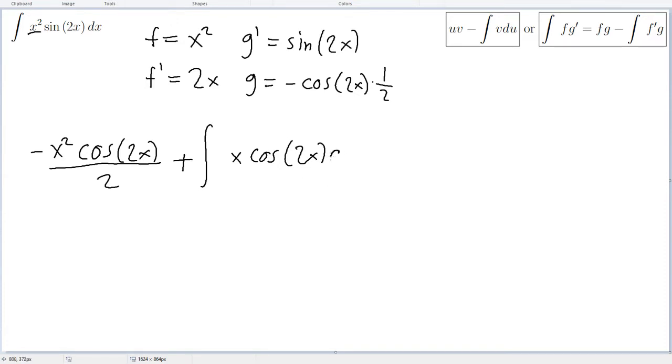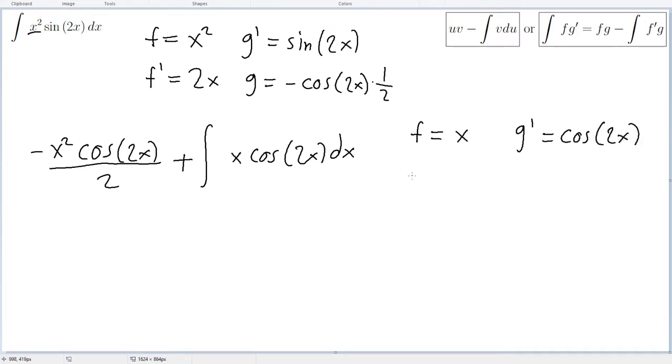So now we have another integral. Do we have to do integration by parts again? Yes, because we have this x here. I know it's tedious, but you just got to do it. We're going to leave this here by itself. We have this integral, and we're going to do integration by parts again. I want to derive that x, and for my g prime, I want to integrate cosine of 2x.